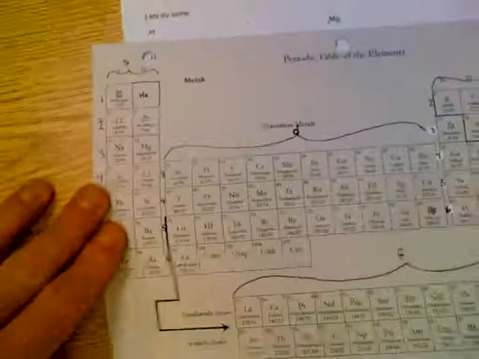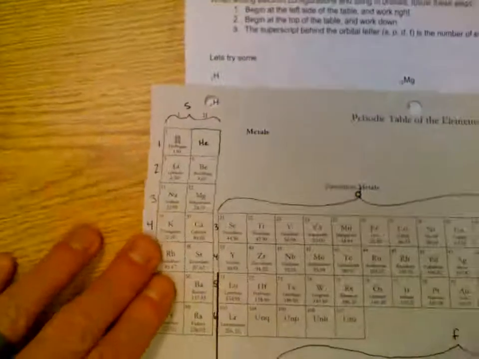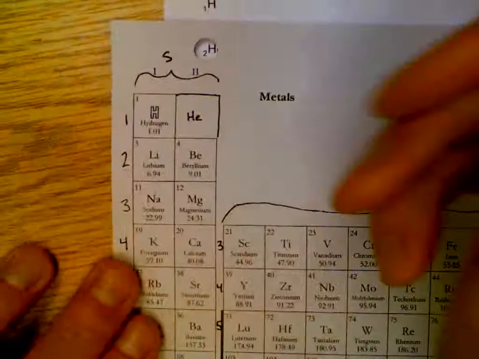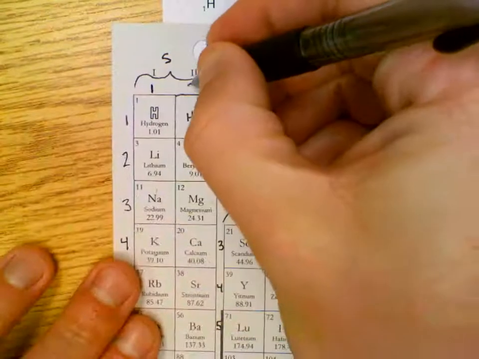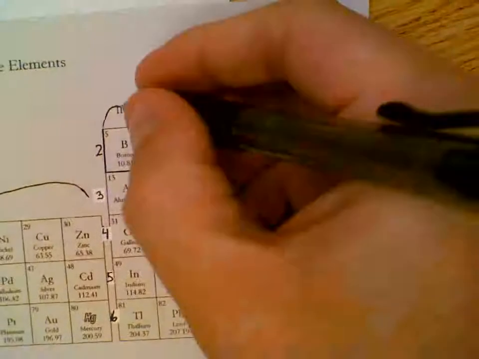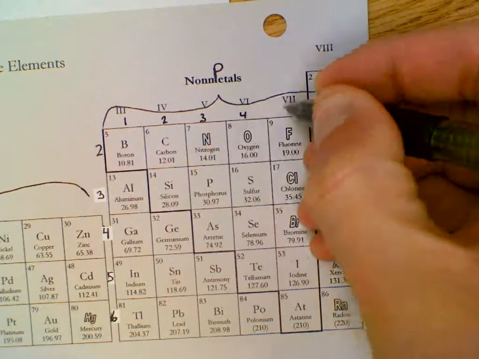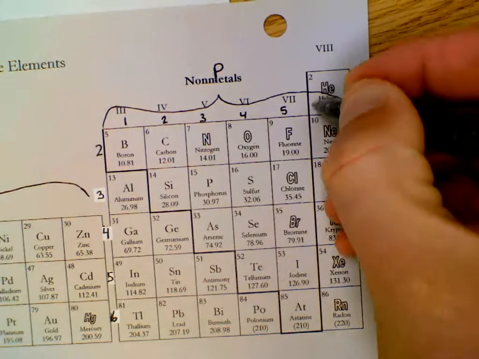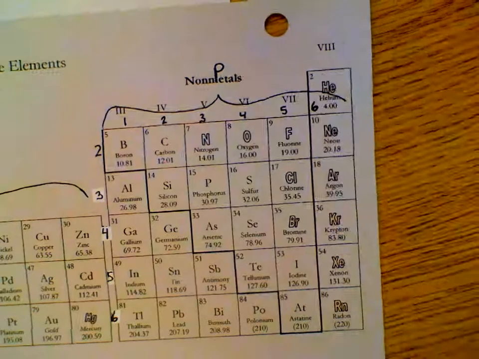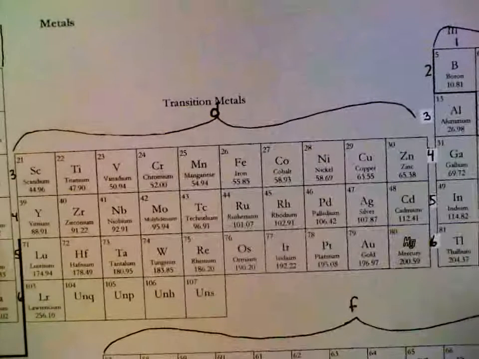Then underneath each of these blocks, we need to label them appropriately. So for the S block, we're going to label each column 1 and 2. For the P block, we will label 1 through 6. D block, we'll label 1 through 10.